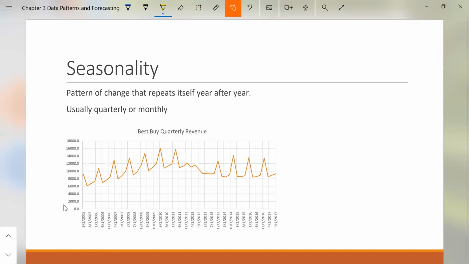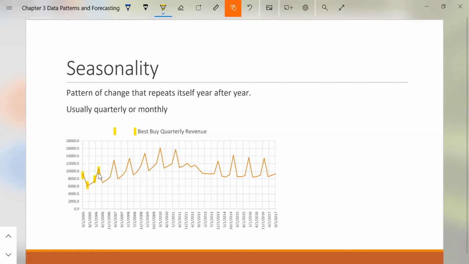What I have here is actually the quarterly revenue of Best Buy. And as you can see, there's up and downs, but such up and downs are within 1 year, and the pattern is very repetitive. You can see the same pattern over years. And since this is quarterly data, that means every 4 points, 1, 2, 3, 4, that's 1 whole year.